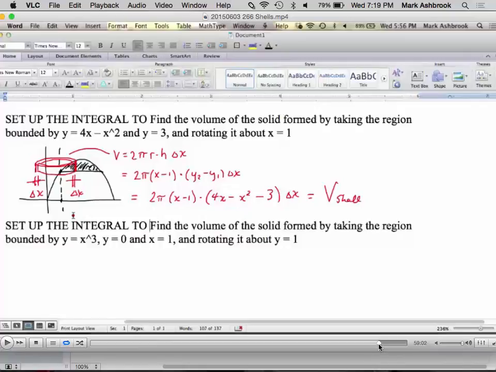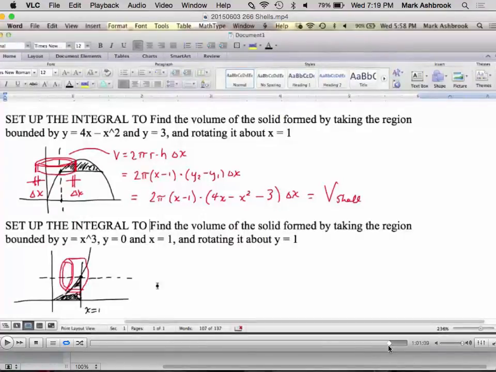Because of the outer radius and the inner radius of the washer. Lots of them you can do both ways. Yeah, there are some you can do both ways, but we're just practicing shells, right? So first of all, your picture looks like this. It's y equals x cubed, y equals 0, x equals 1, and we're going to rotate about y equals 1, so we're going to do a horizontal strip, and it's going to be a shell this way.